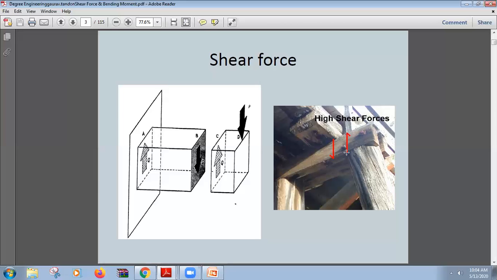The force that the column applies vertically is this much, and at the same time there is a load on the beam acting downwards. So these are two parallel and opposite forces, and these two are trying to tear off this body. So this is called shear force.